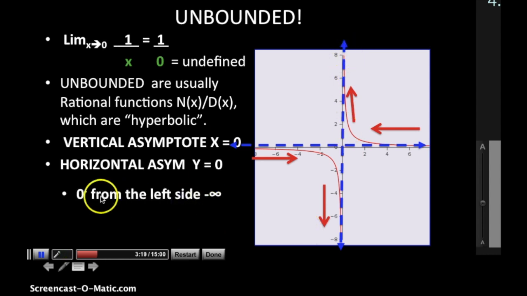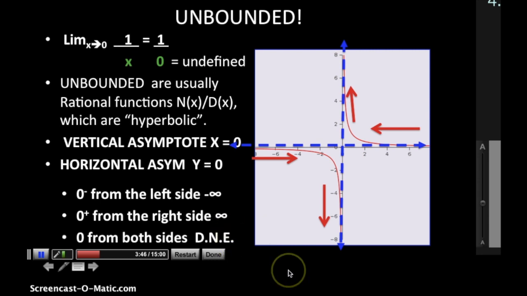This from 0 from the left side is down here, negative infinity. Now we're approaching x equals 0 this way, and then staying on the path, you go down forever, that's negative infinity, and then on the right side of 0, you go up as you go towards 0 forever to positive infinity.